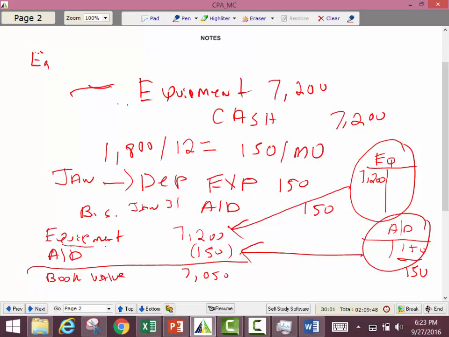How much is in the equipment account? 7,200. Good. How much is in the accumulated depreciation account now? 300. Good. Excellent. So now it's got 2 months worth of accumulated depreciation. So now the carrying amount of this is what?